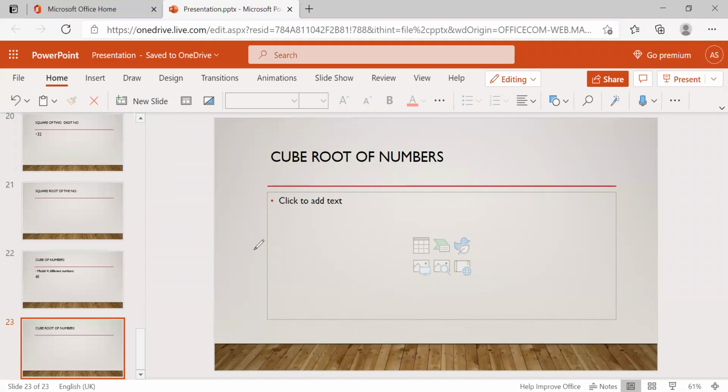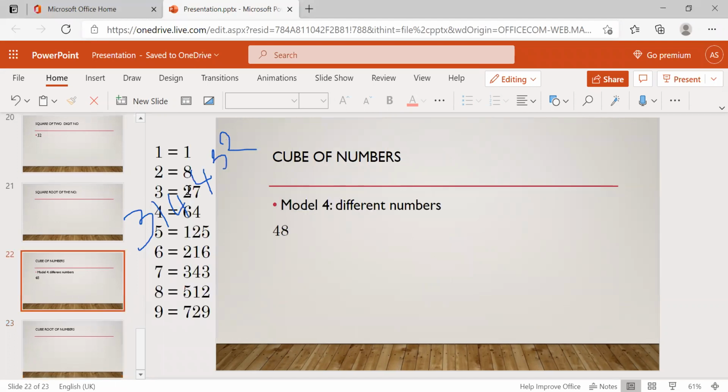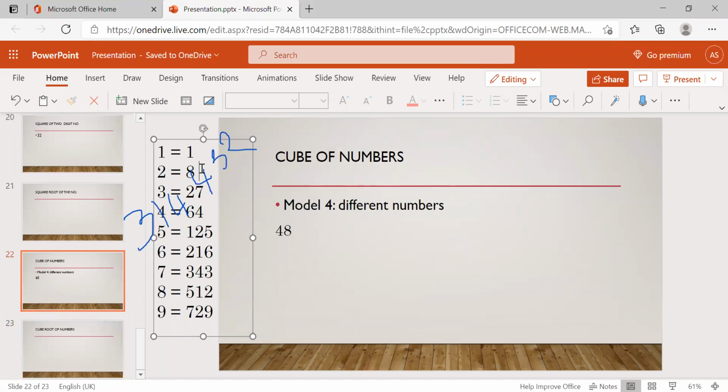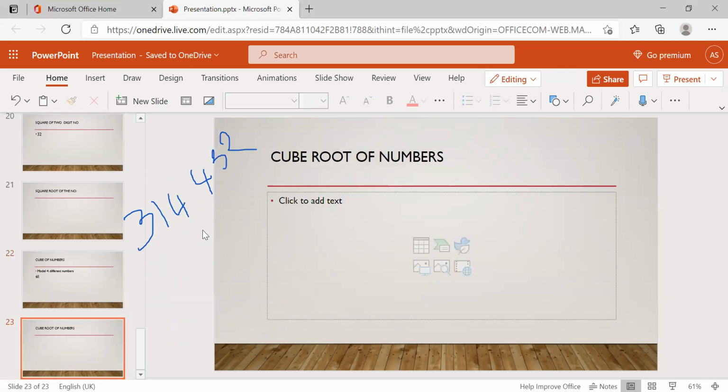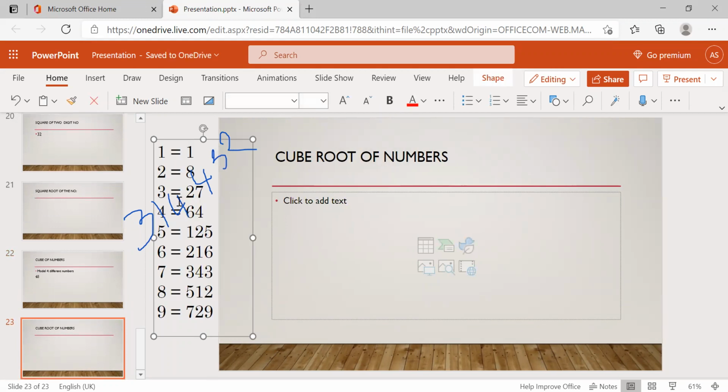I'm giving only 2 examples for this one. And we know the cubes of these numbers.